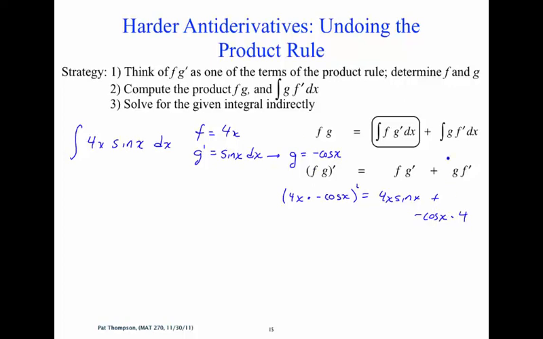Now, in order to solve for this indirectly, we're going to have to do the integral of this. Is that an easy antiderivative? Yes, it is. So we're home free.